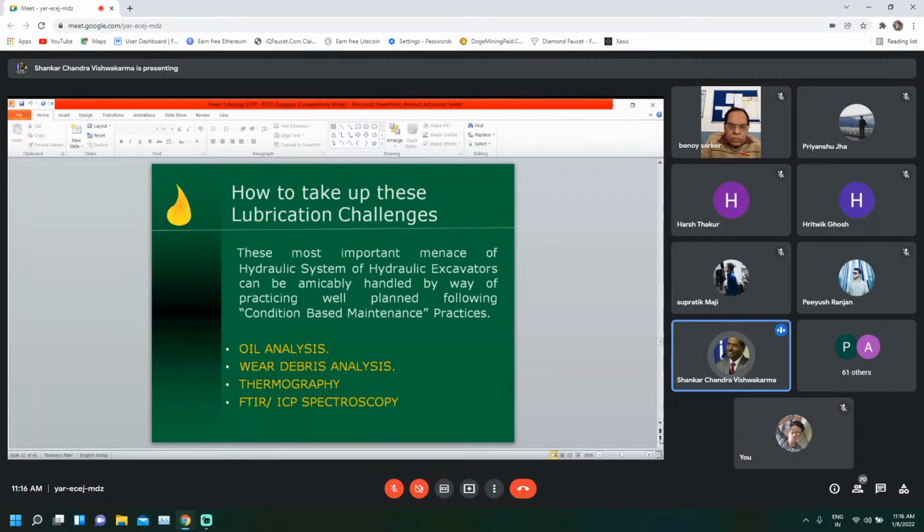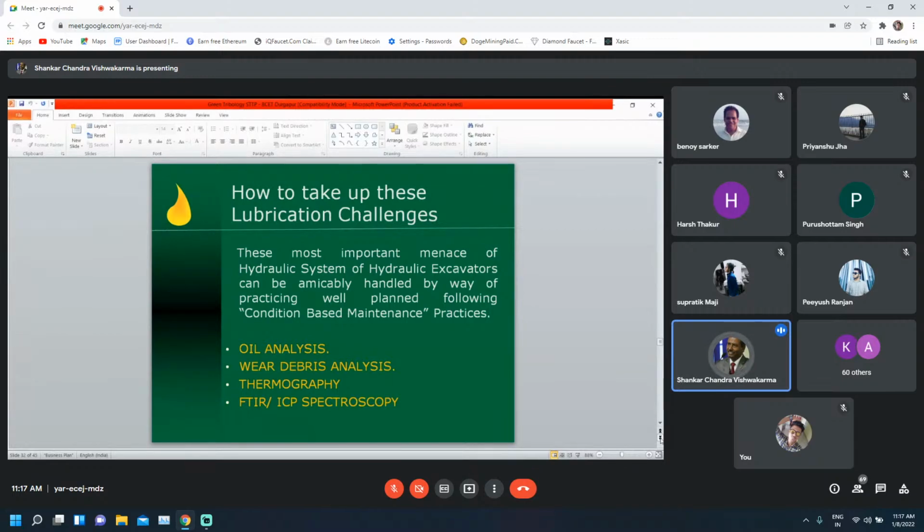See, condition-based maintenance has two prongs. One is called predictive, the other is called proactive. So when we are doing proactive maintenance, what we do is oil analysis, debris analysis, thermography, FTIR and ICP spectroscopy. And based on whatever data we are getting during analysis for different samples, we trend the variation also.